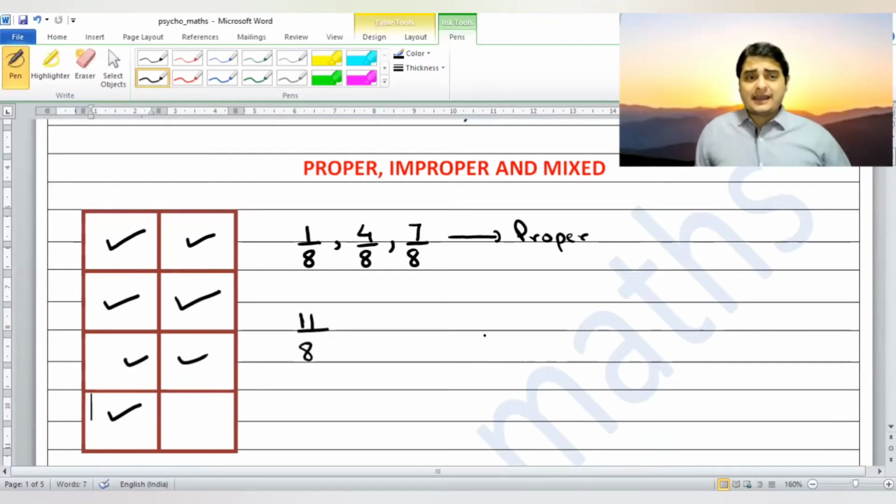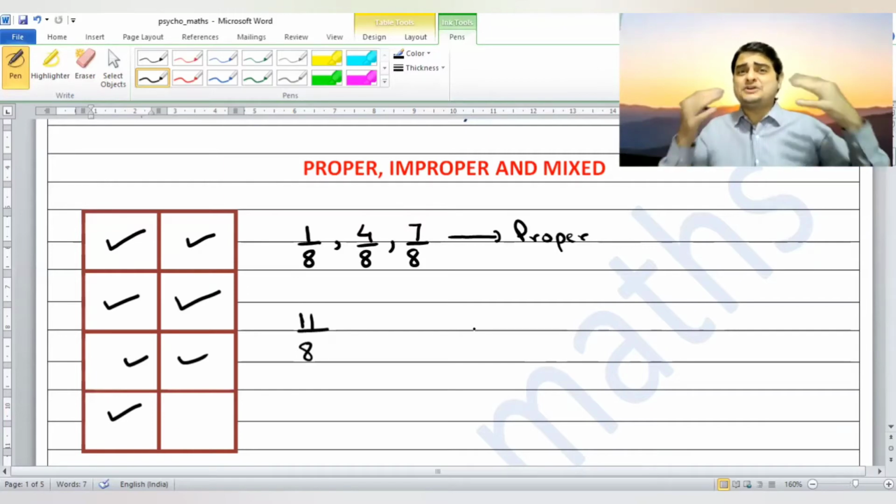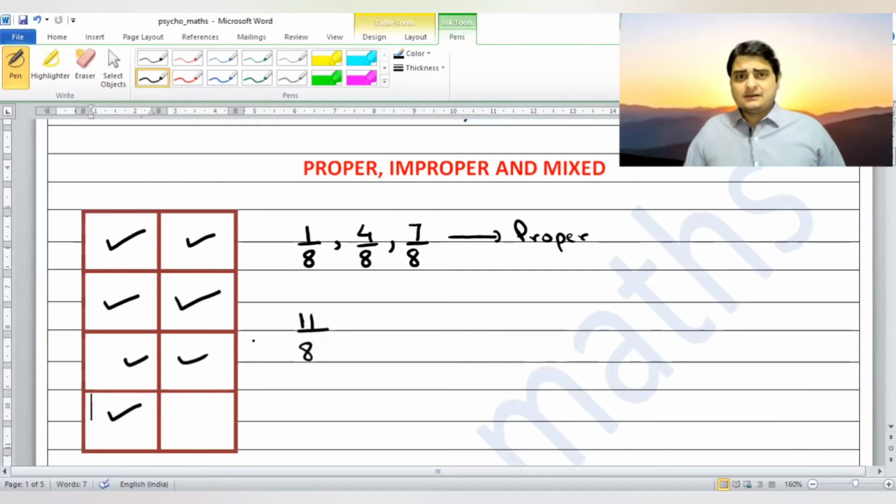Do you think having 8 pieces in your hand and 11 people in all, is this situation proper? Sharing more pieces than you have in your hand, whether it is a chocolate or a pizza, the things are not digestible. Obviously, it won't be digestible. You won't be getting anything into your mouth.